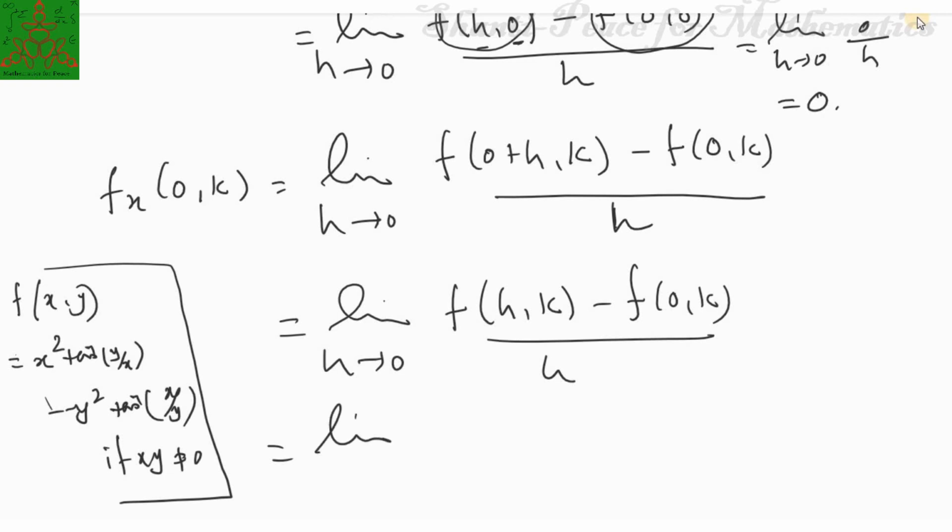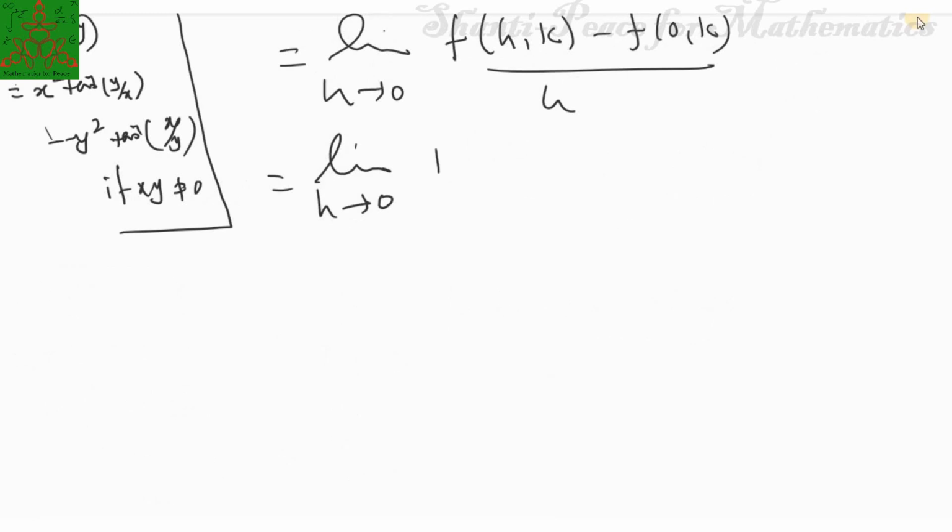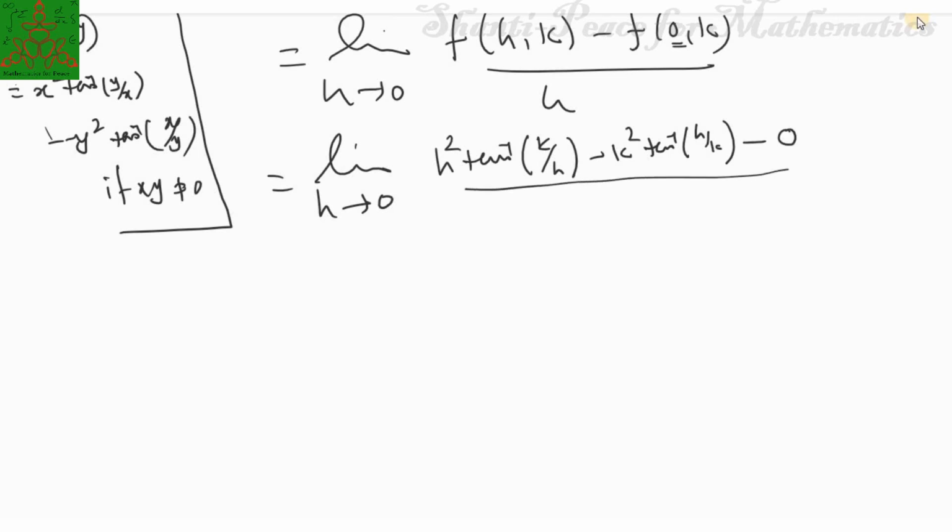So we can have, as h tends to 0, h square tan inverse of k by h minus k square tan inverse of h by k, and as you know the x coordinate is 0, so this is minus 0 upon h.